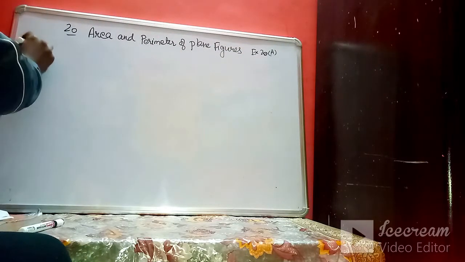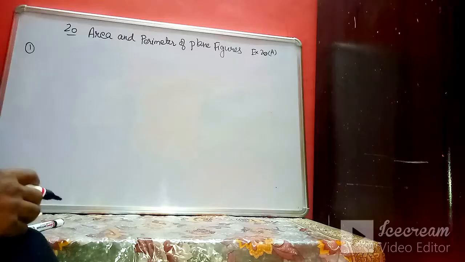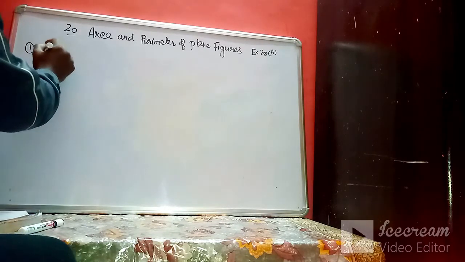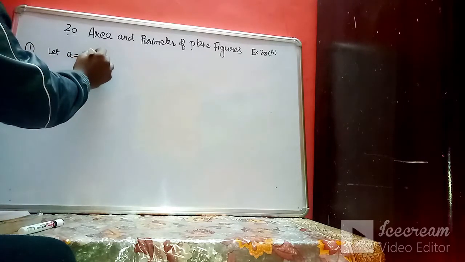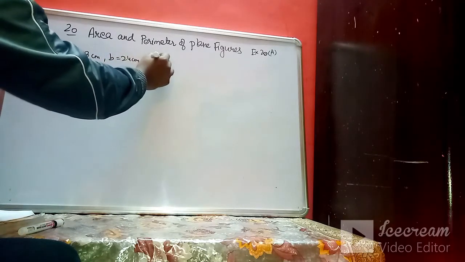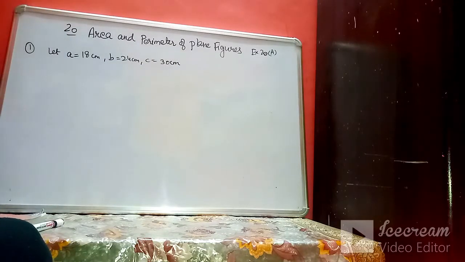In this, a very first question is there. Find the area of a triangle whose sides are 18 centimeter, 24 centimeter and 30 centimeter. So we will assume let A equal to 18 centimeter, B equal to 24 centimeter and C equal to 30 centimeter. Okay, now only sides are given.